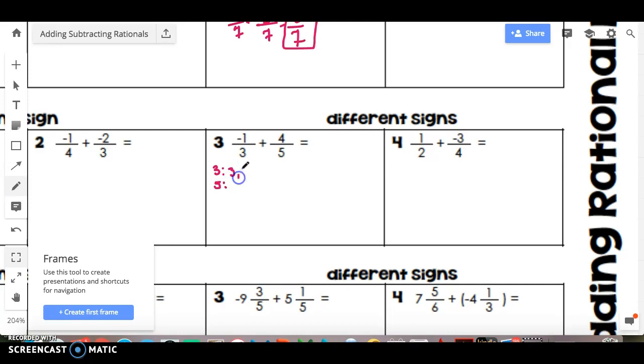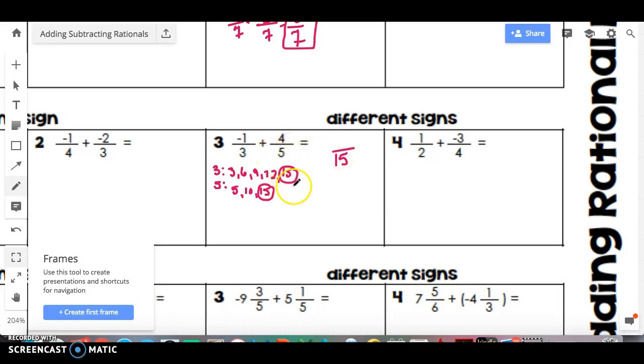So multiples is skip counting. 3, 6, 9, 12, 15, 5, 10, 15. And then whichever one is in common, you want the least common one, that's your new denominator. So my new denominator is 15.